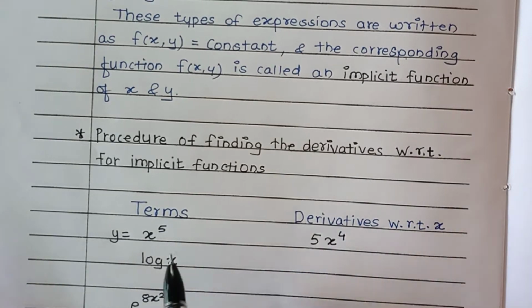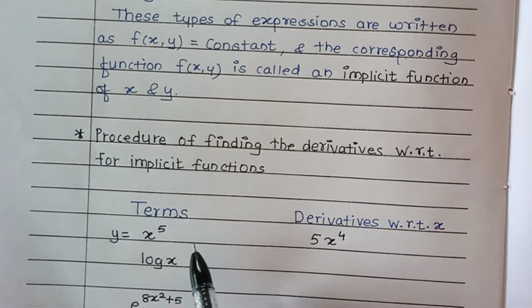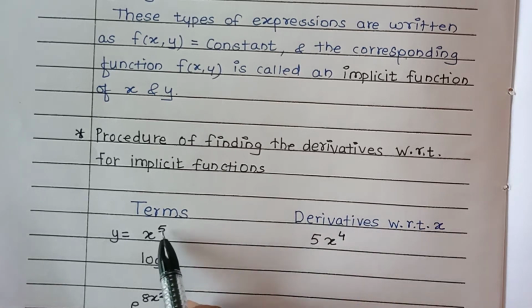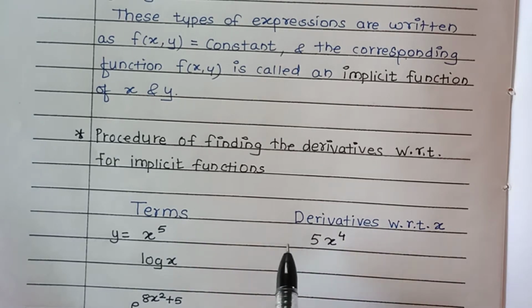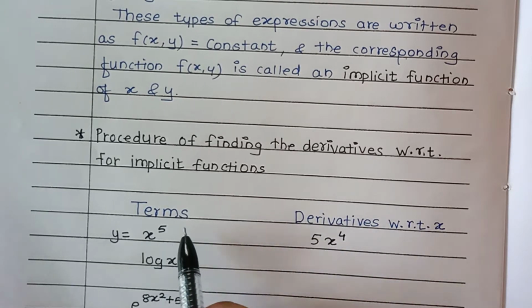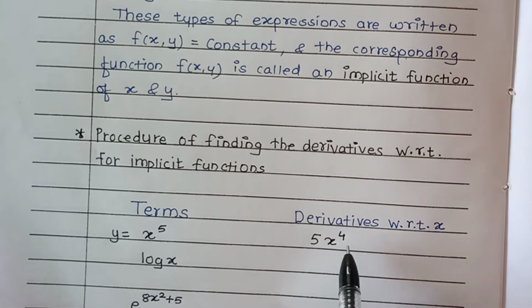How? We will use the formula for x raised to n. The derivative of x raised to n is n multiplied with x raised to n minus 1. So n is 5, so I have written here 5 multiplied with x raised to 5 minus 1 is 4. So it is 5 multiplied with x raised to 4.